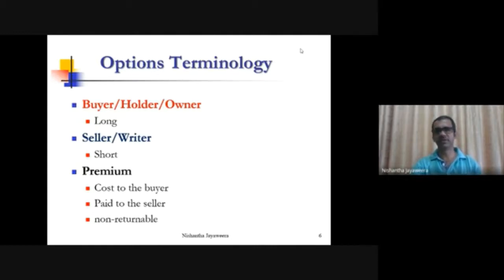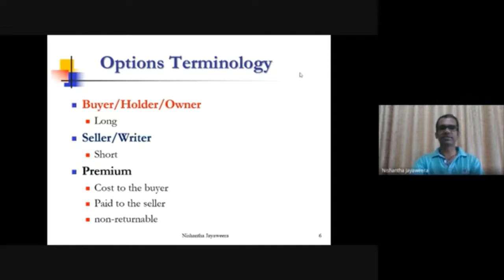Then depending on the time frame when the buyer of the option can exercise his or her right, again we categorize options into two groups. One is American option, the other one is European style option. In the American style option, buyer has the flexibility to execute the right on or before.